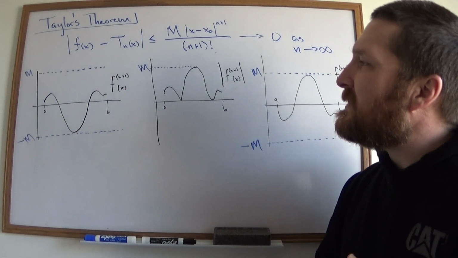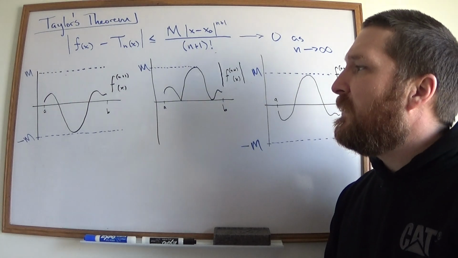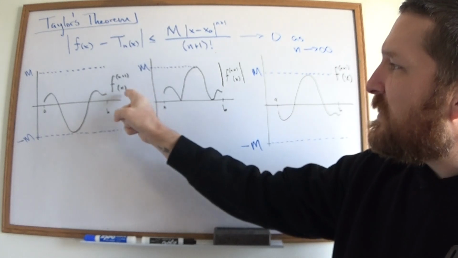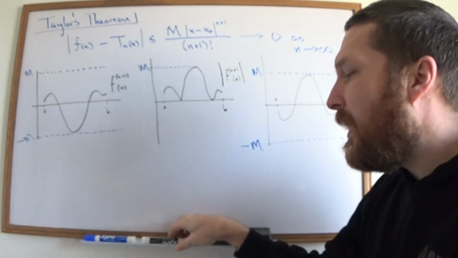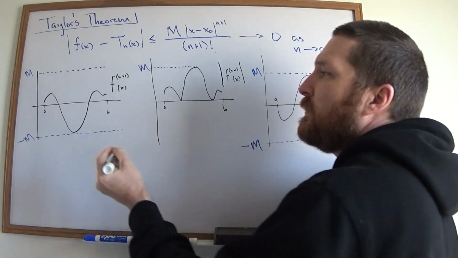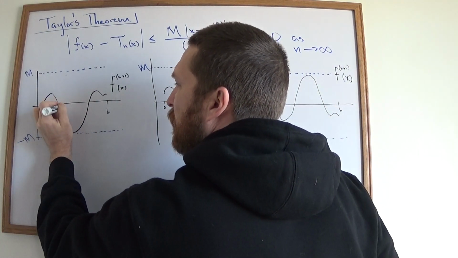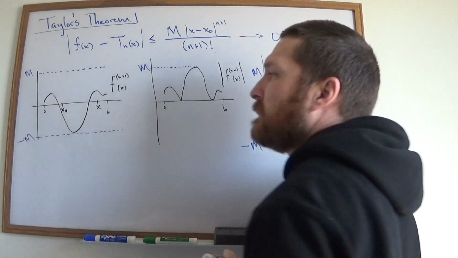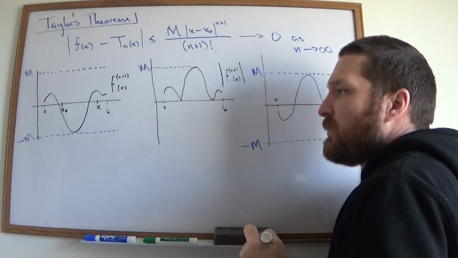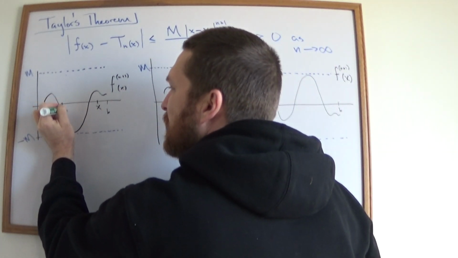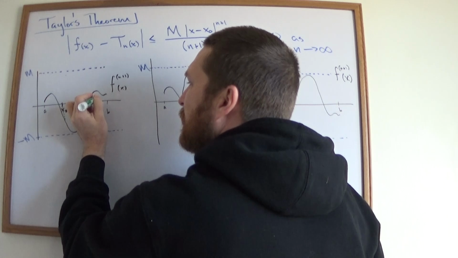So, let's say that we want to compute the integral of this function over some 2 points. Let's call those 2 points x0 up to x. So this is the integral that we want. We want this area right here.